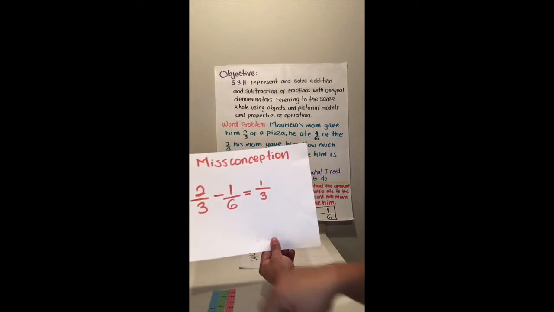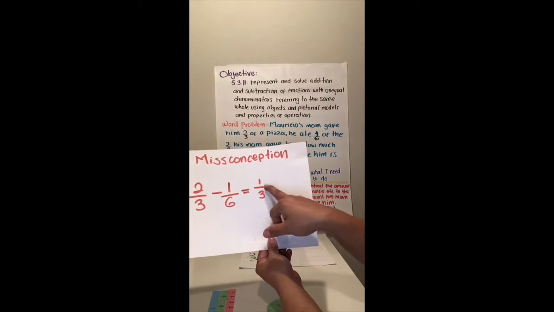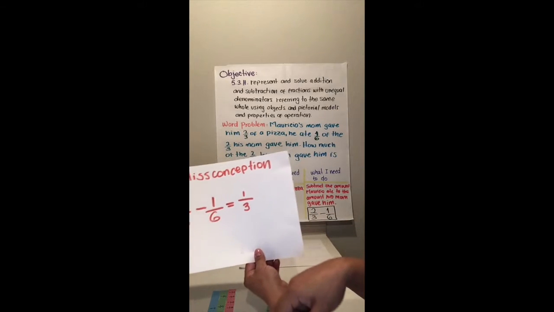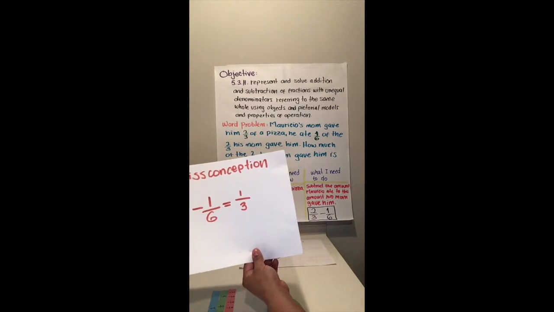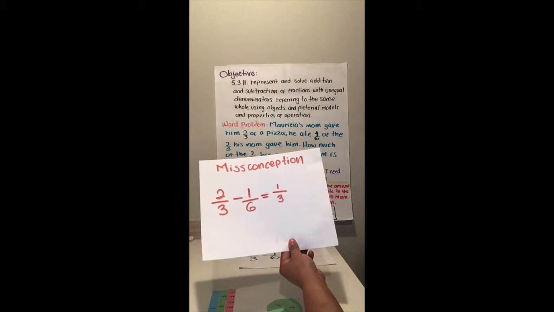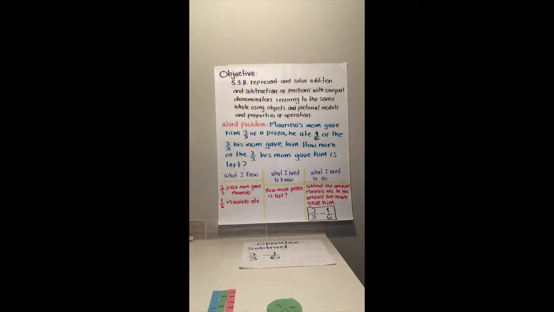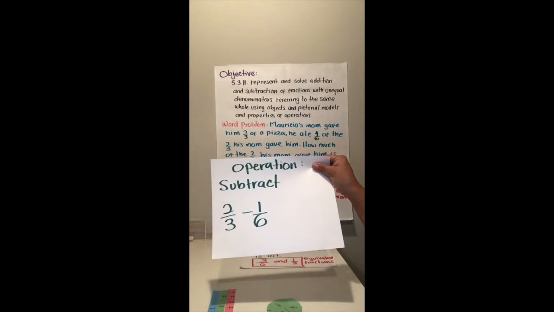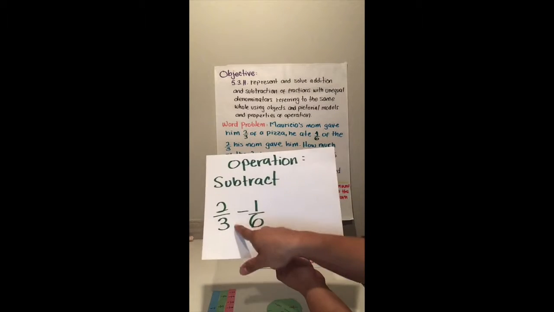So they can say that 2 minus 1 is equal to 1, and 3 minus 6, well, can be minus 3 or 3. So this is a misconception. As I said before, the operation here is a subtraction. Out of the 2/3, we're going to subtract 1/6.